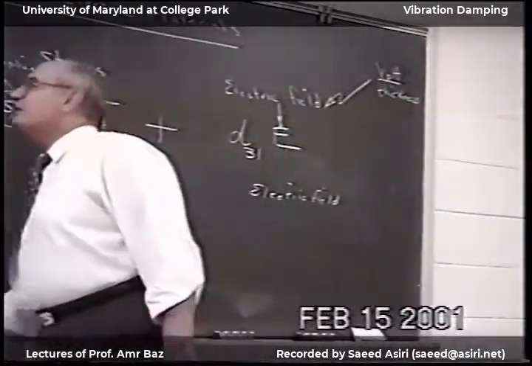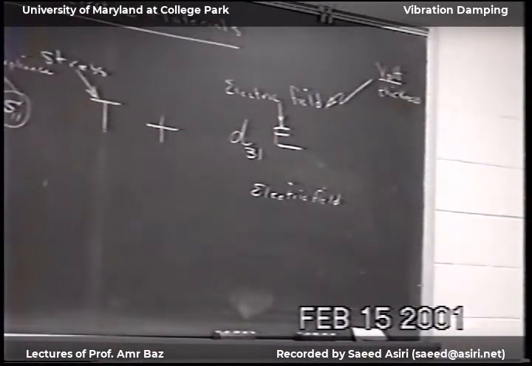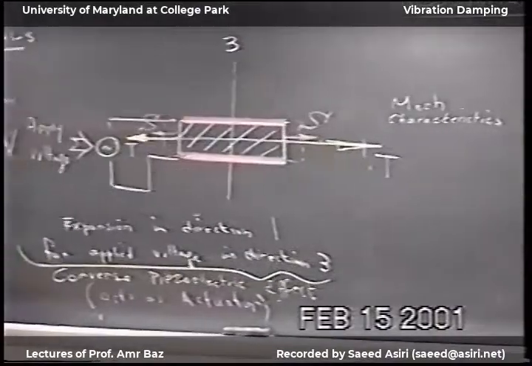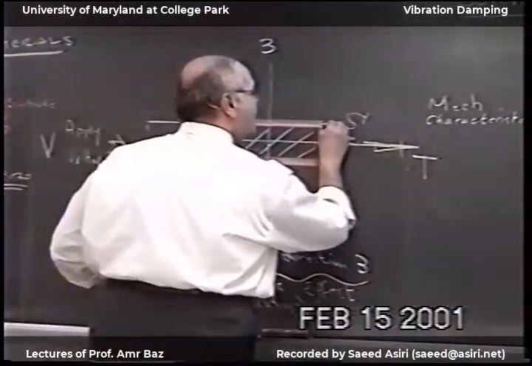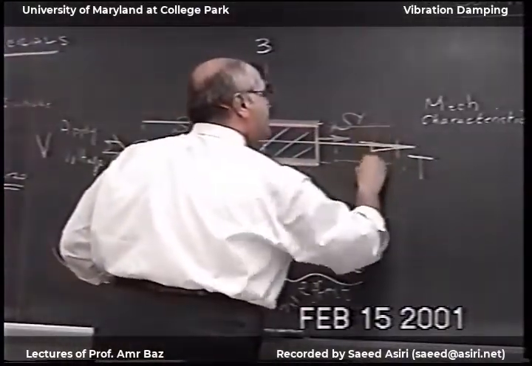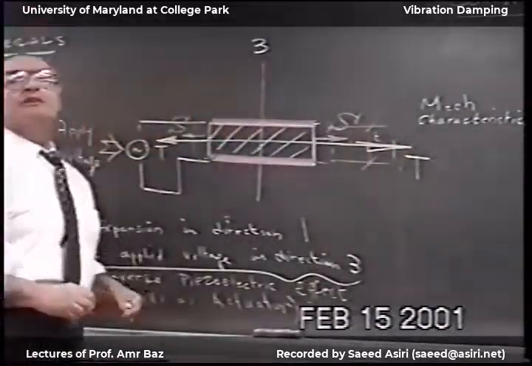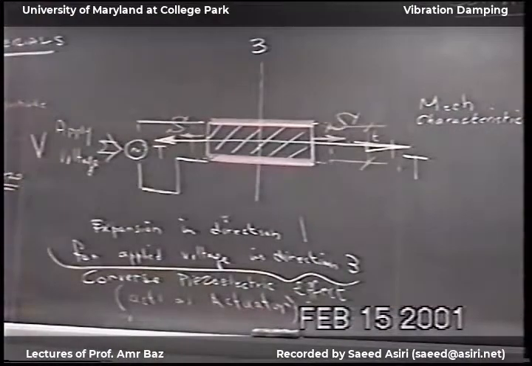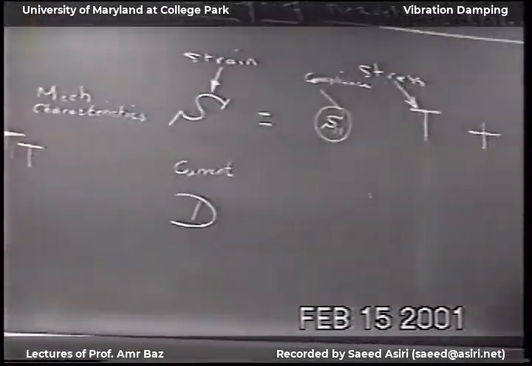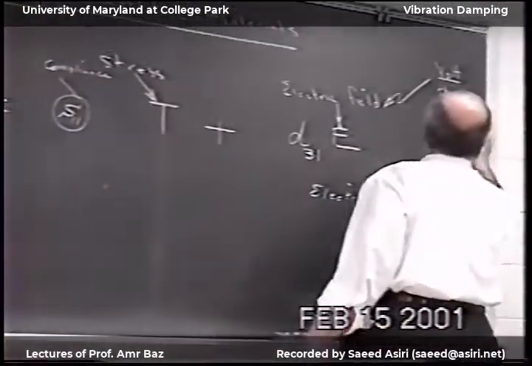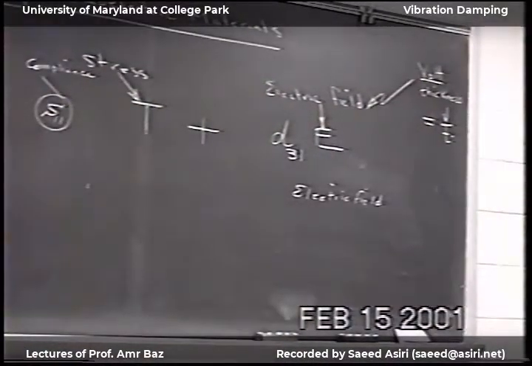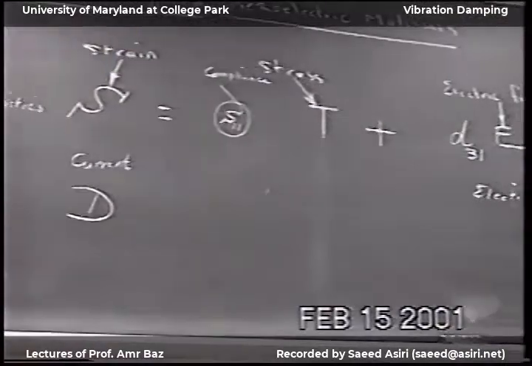So for example, in this case, I'm applying a voltage V on the material. The material thickness is T. Then the electric field is V over T. We want to write down the electric characteristic of this material.